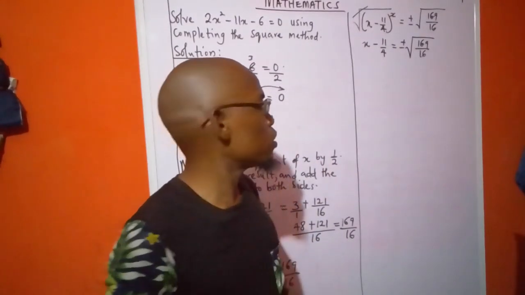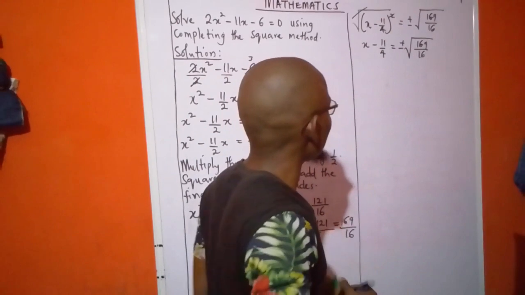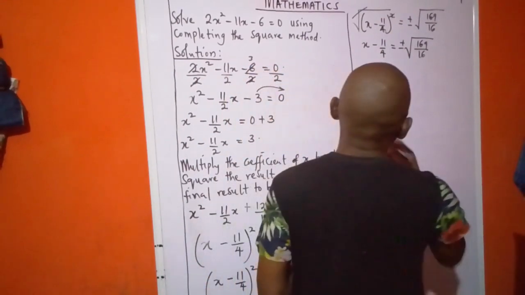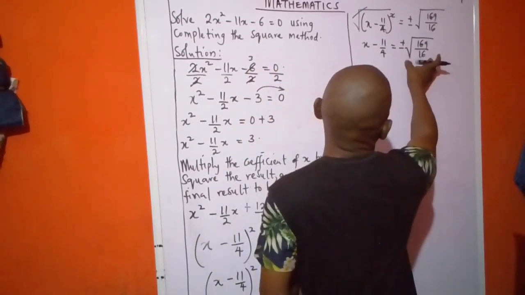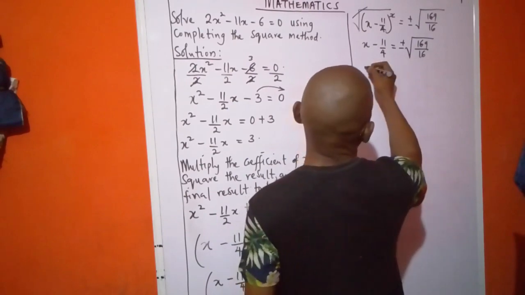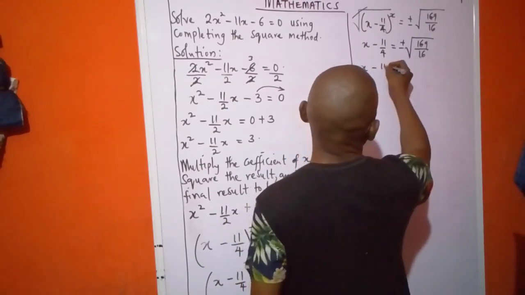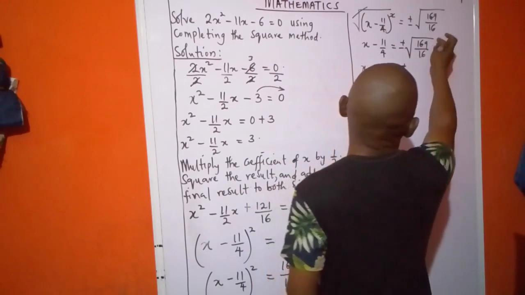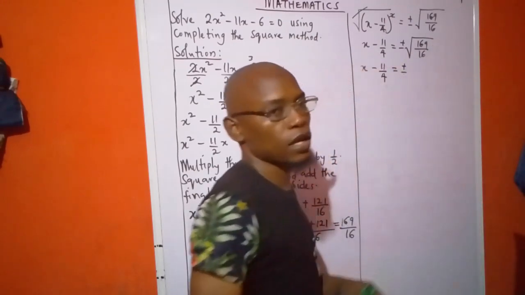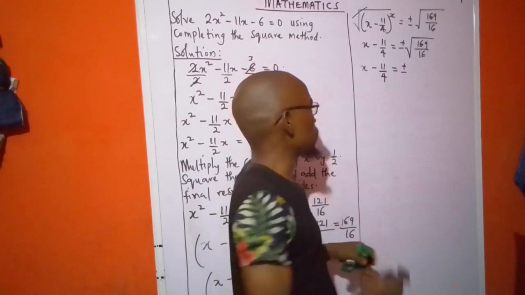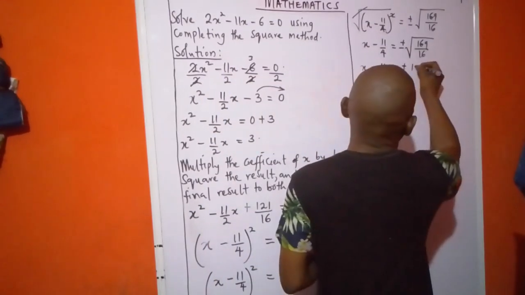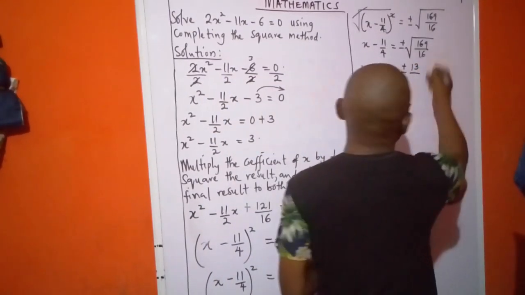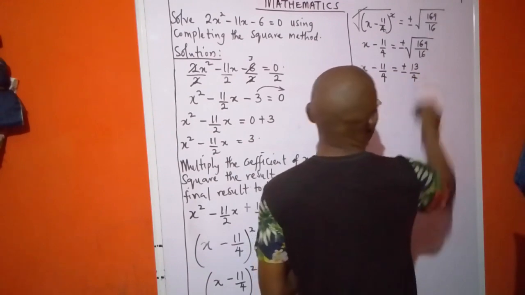If you have followed up to this level, I hope you are enjoying it. Since we are up to this level, the next thing is for us to get the square root of this. So we are having x minus 11 over 4 equal to plus or minus the square root of 169. The square root of 169 should be giving us 13. 13 over the square root of 16 is 4.